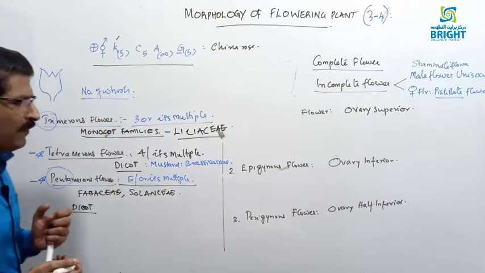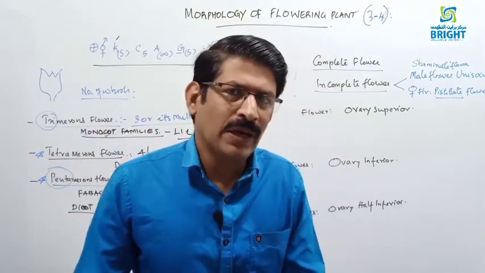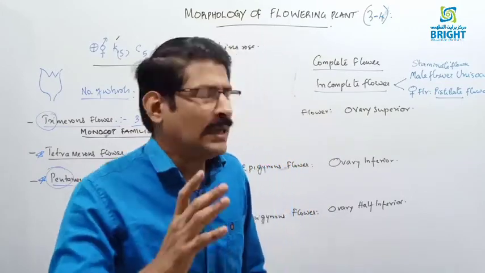On the basis of the number of appendages in the whorls of the flower, the flower can be divided into three types: trimerous, tetramerous and pentamerous.